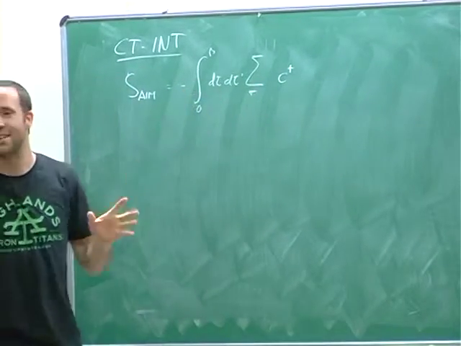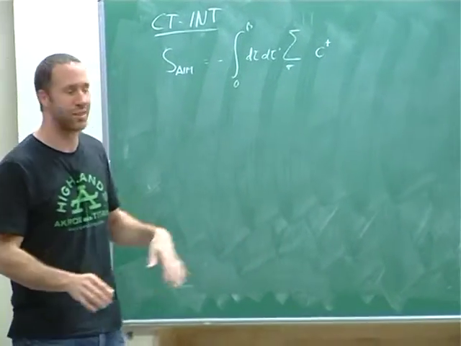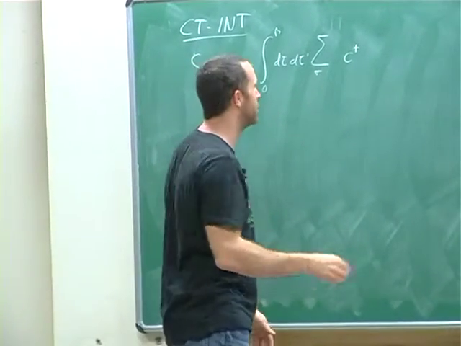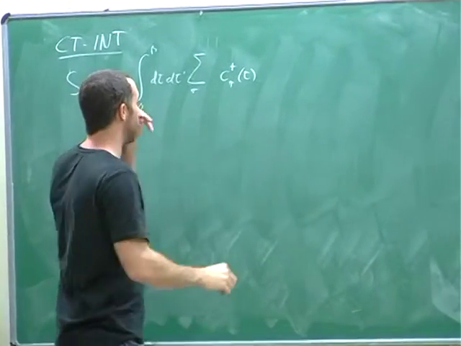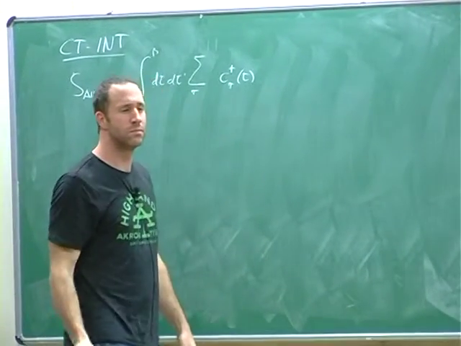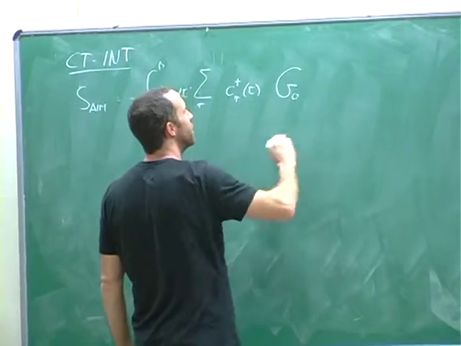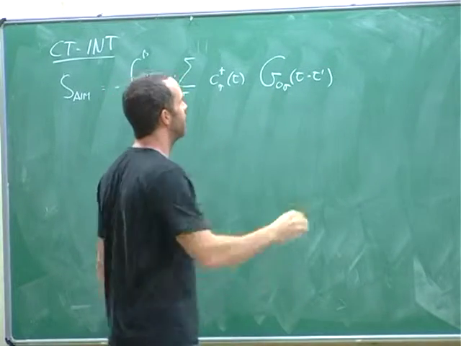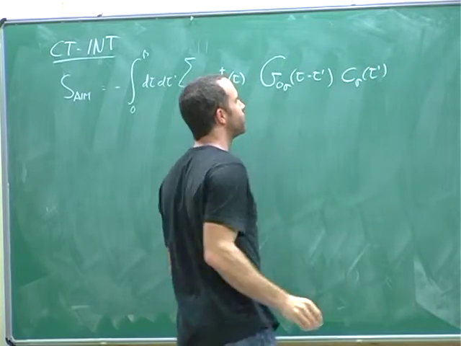I think I used d dagger for my impurity level, but I'm so used to writing c's that if I start with d, I'm sure at some point c's will appear. So I switched to c already now. So it's c sigma, with a bigger G, and a c of tau prime sigma.